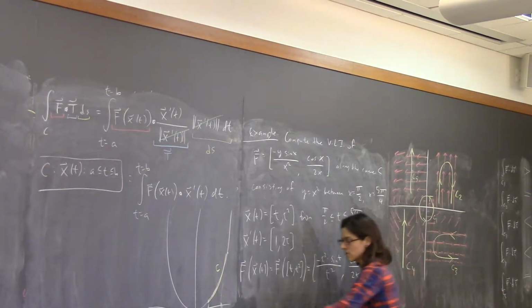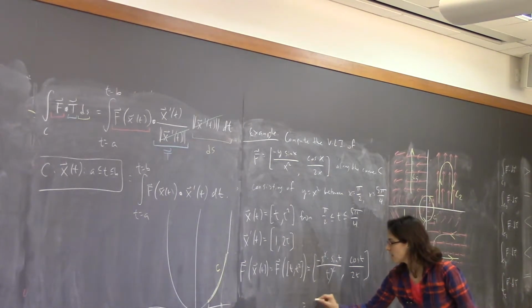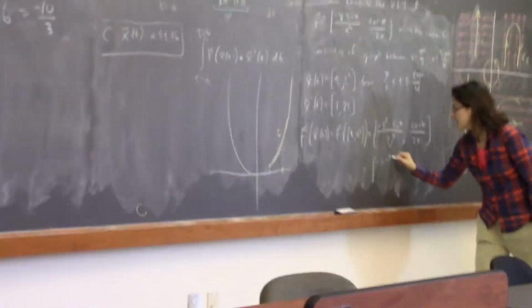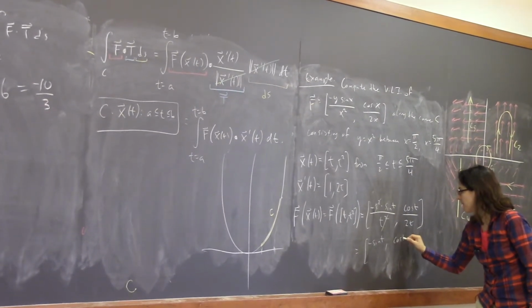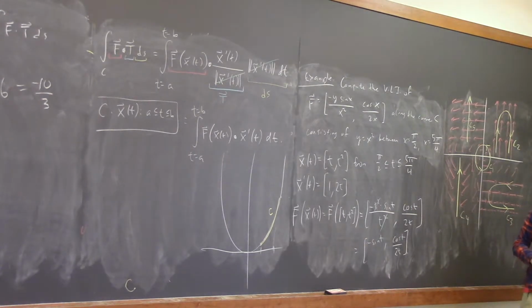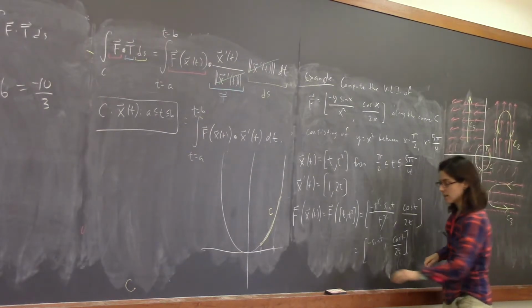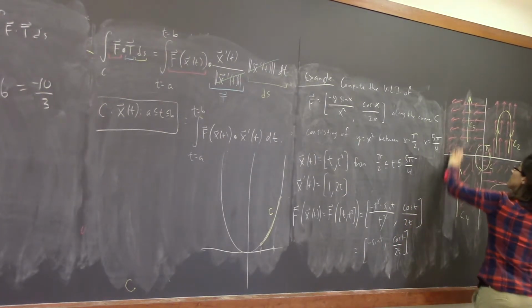Now these two t squareds cancel. So this is just negative sine t, comma cos t over 2t. There's our function, and it tells you how the vector field is pointing at any time t. So now let's integrate this thing.